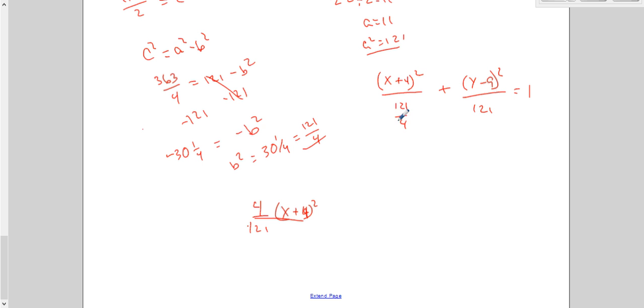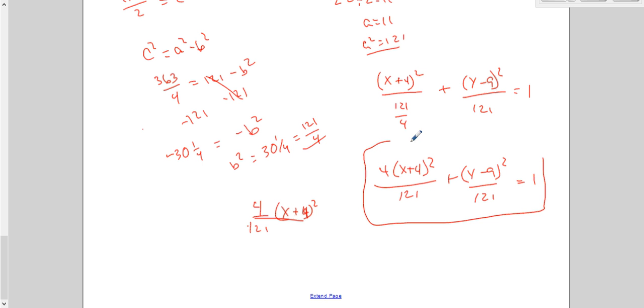So that bottom number basically goes right up to the top, and you get 4 times x plus 4 squared over 121 plus your y minus 9 squared over 121 equals 1. And there is our equation. And that's it.